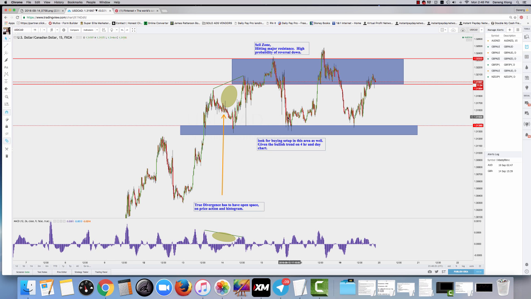Then it started to come back down, and of course it came back down here. Down here, I placed a buy, and then it went back up and made some money there, and then I placed another sell up here, and it came back down. This one down here, I did not catch. It was a little bit too fast, but you guys get the point.